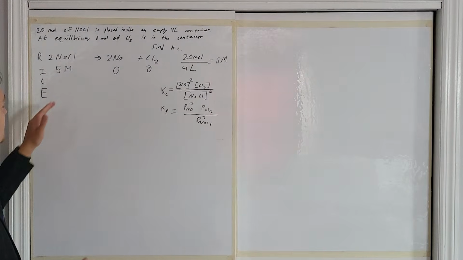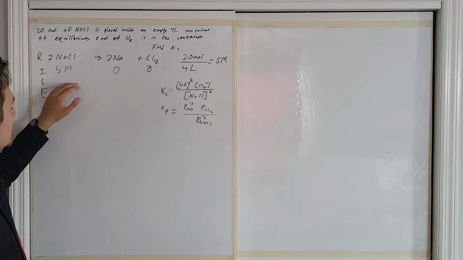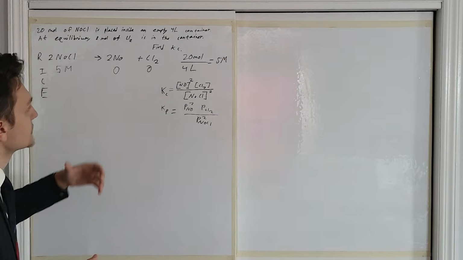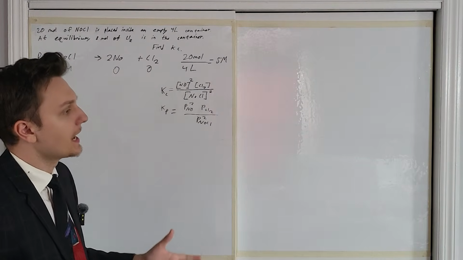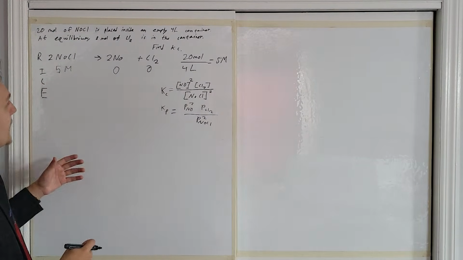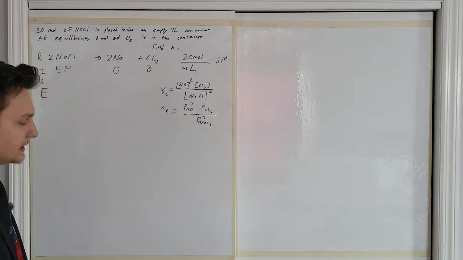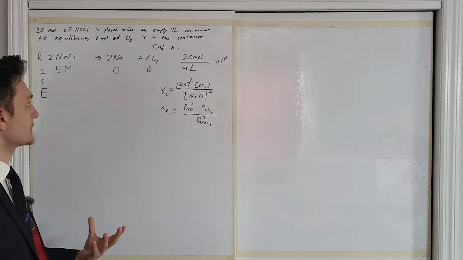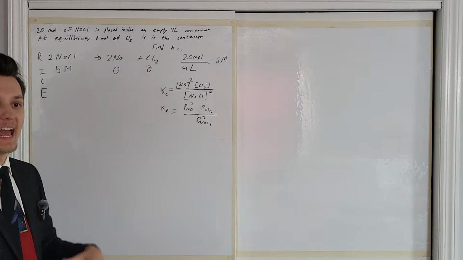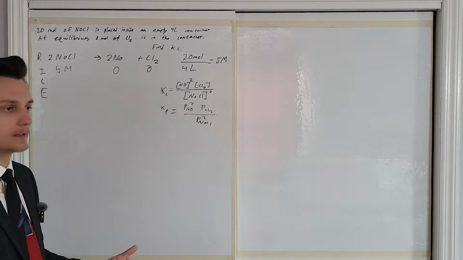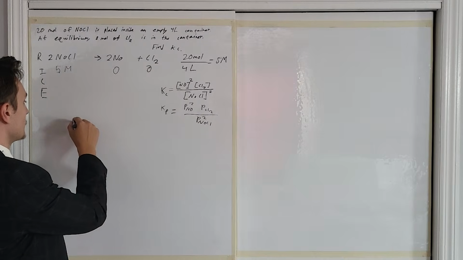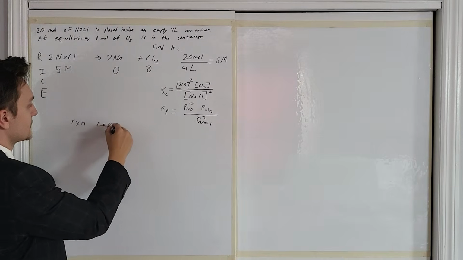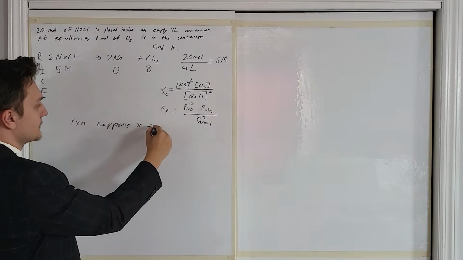Now comes in the change. Change means how are my concentrations going to change as I reach equilibrium? As the reaction progresses towards equilibrium, the reaction is going to happen a certain number of times. Let's say the reaction happens x times.